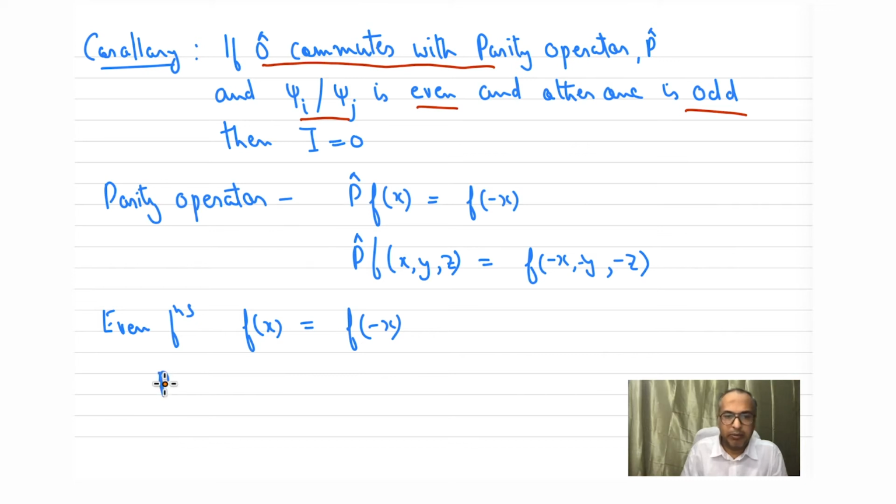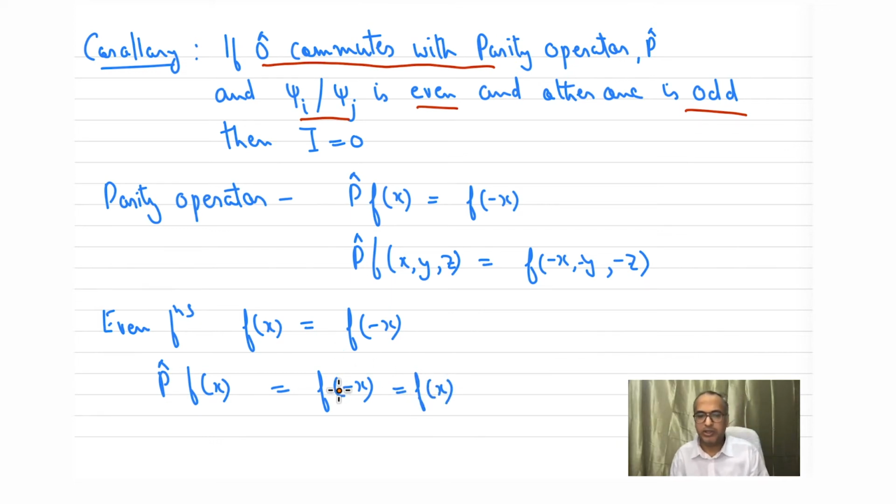So if we apply parity on an even function, it will be f(-x), which will be f(x), right? Because for an even function, these two terms are equal. So we can say here that f(x) is symmetric with respect to parity.